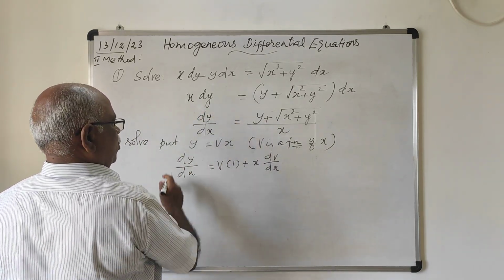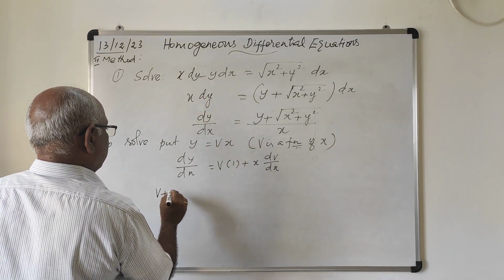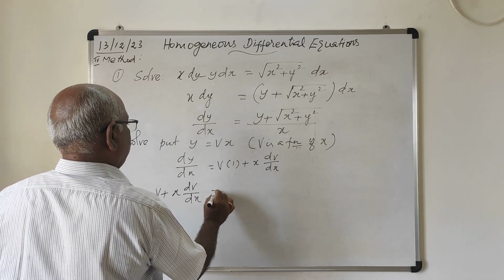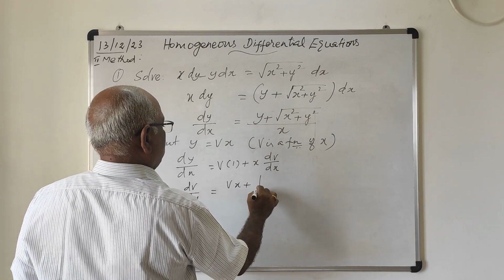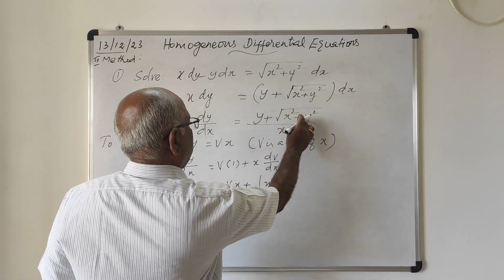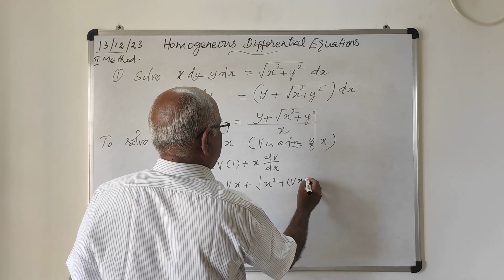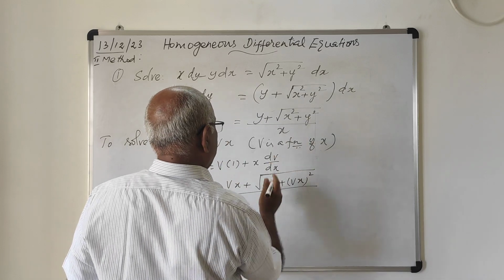So in the place of dy by dx, we replace v plus x dv by dx equal to the right hand side: y equal to vx plus root of x square plus y square, where instead of y you have to put vx, therefore vx whole square, by x.